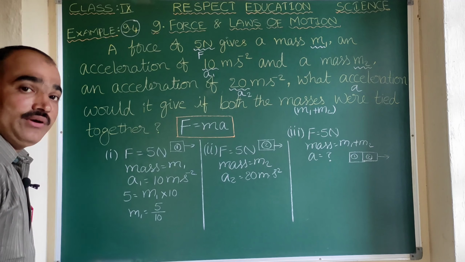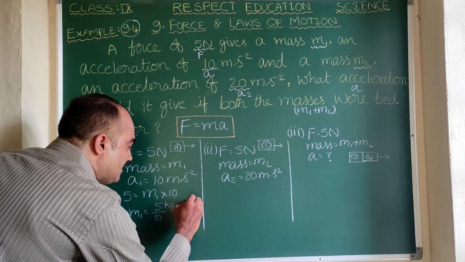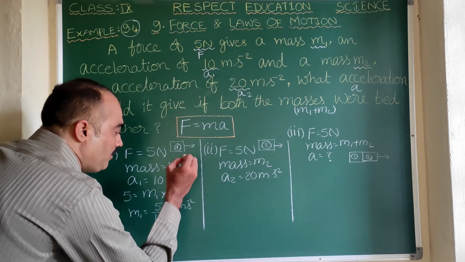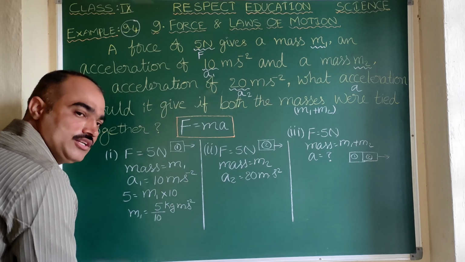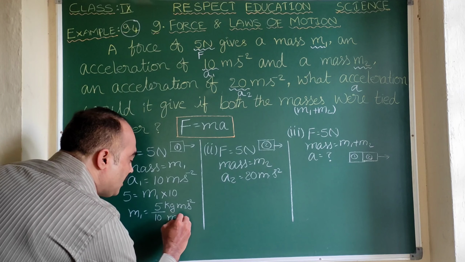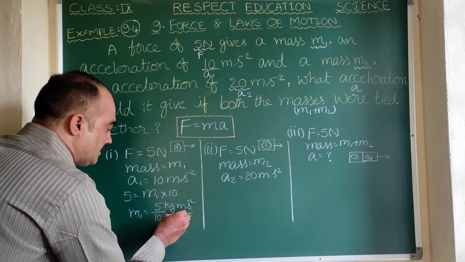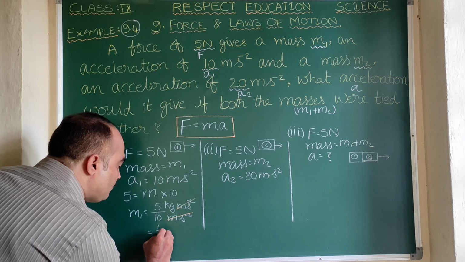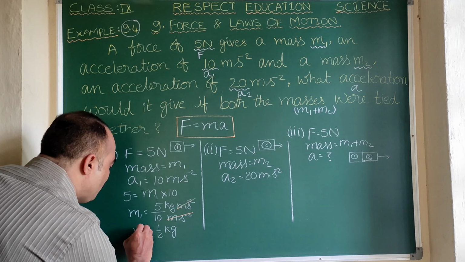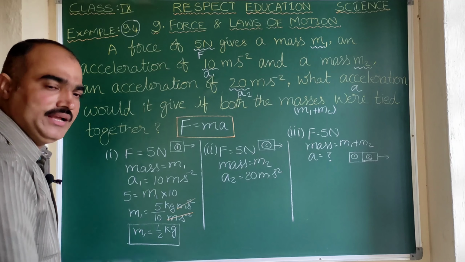In fact, 5 Newton, and Newton is kg meter per second square, so we can add s power minus 2. Here 10 is meter per second square, so m into s power minus 2. Let us cancel these two. So 5 1s are 5, 5 2s are 10. This is 1 by 2 kg. So the mass of the first object is half kg, 1 by 2 kg.